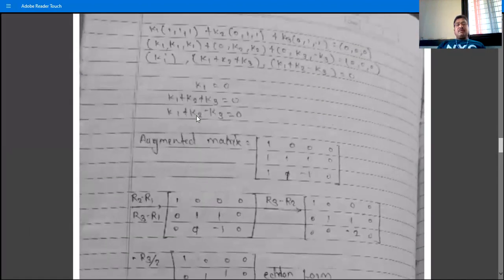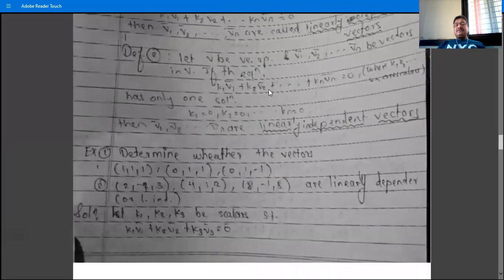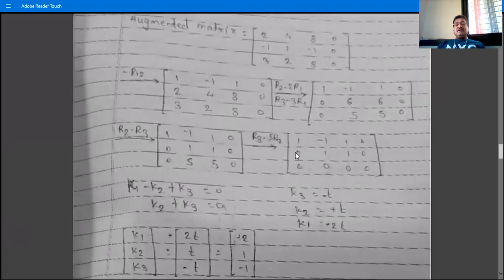If you observe the definition of linearly dependent and independent, what is the case? If the system K1 V1 plus K2 V2 plus Kn Vn is equal to 0 has only one solution, K1 is equal to 0, K2 is equal to 0, and Kn is equal to 0, then the vectors are independent. But this system does not have only one solution, K1 equal to 0, K2 equal to 0, and K3 equal to 0.